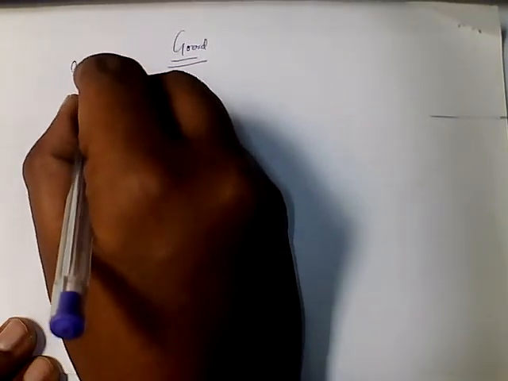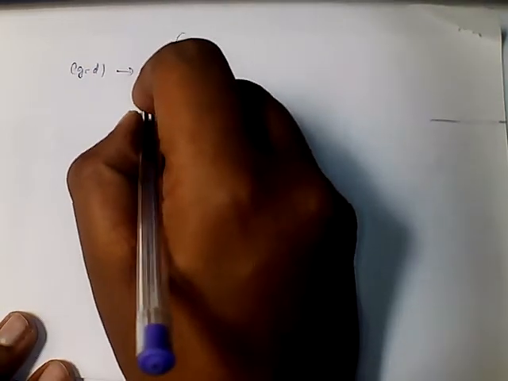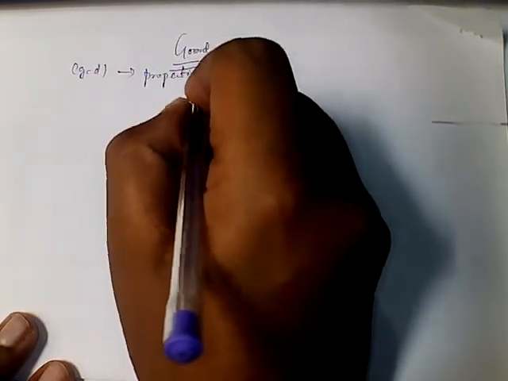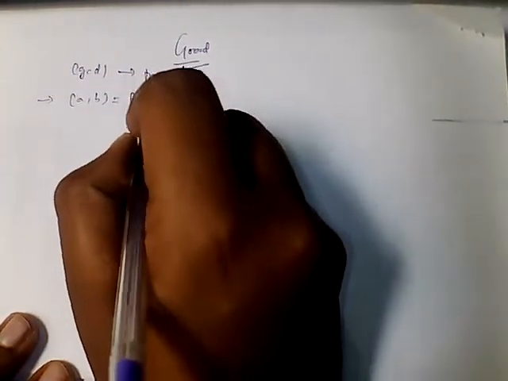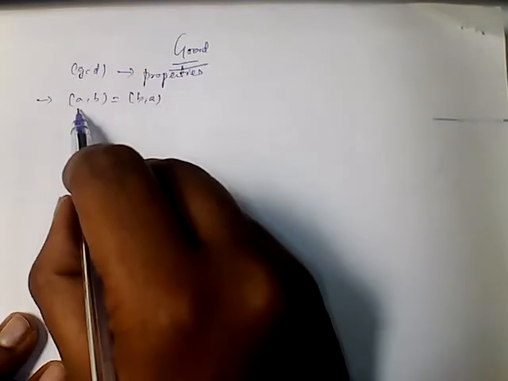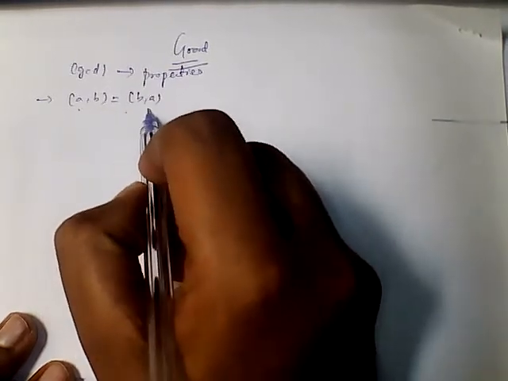Alright, so here we have to prove the GCD properties. One of the properties is that the GCD of a comma b equals the GCD of b comma a.